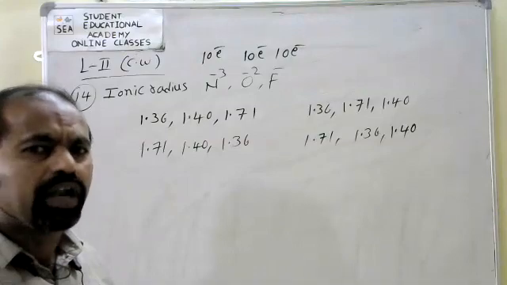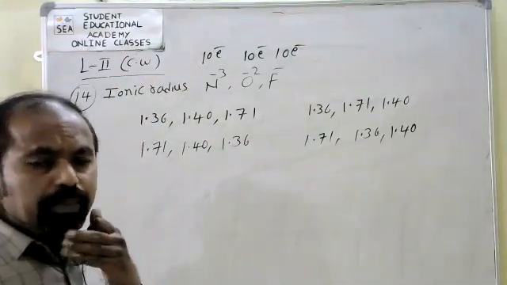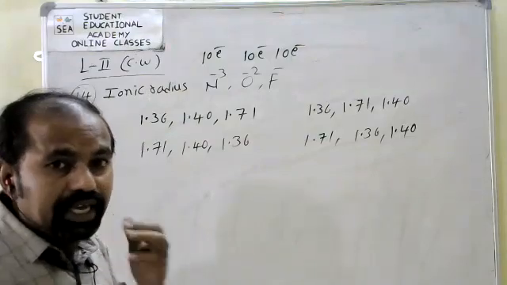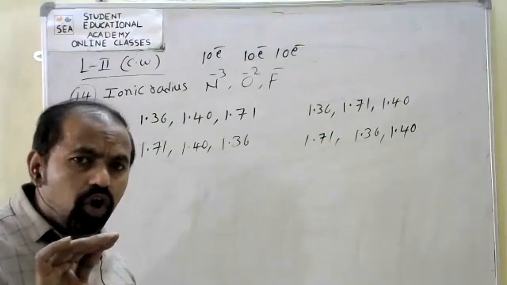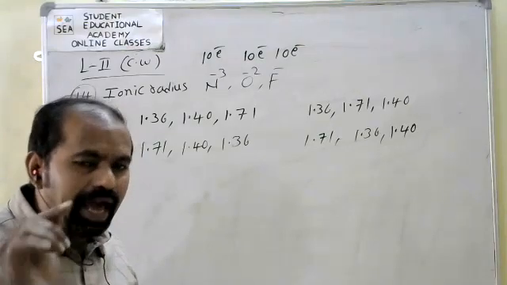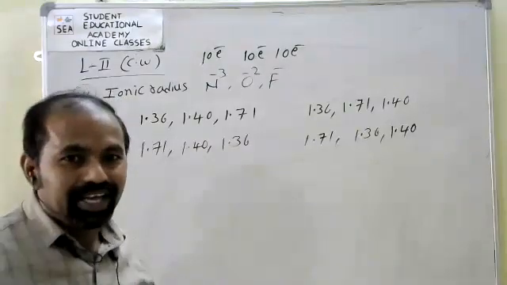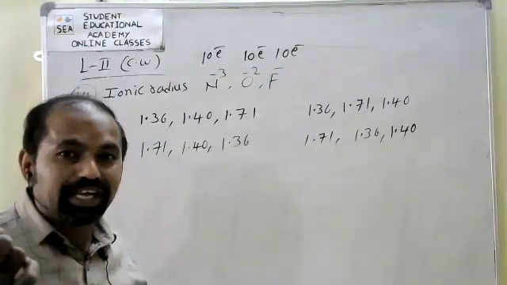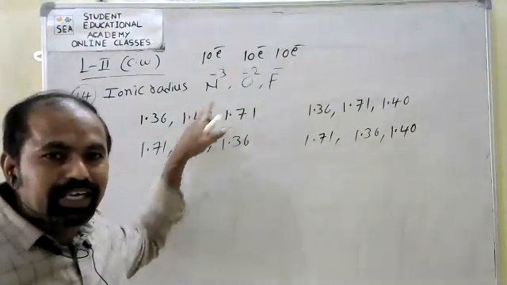What is the ionic radius? Here the electrons are the same, but the protons differ. Otherwise, as a shortcut, in anions, as negative charge increases, radius also increases: -1, -2, -3.